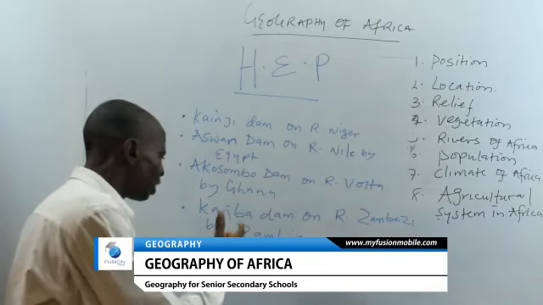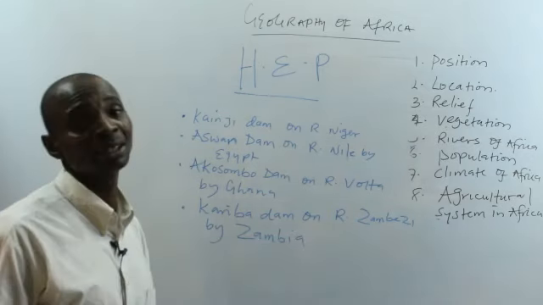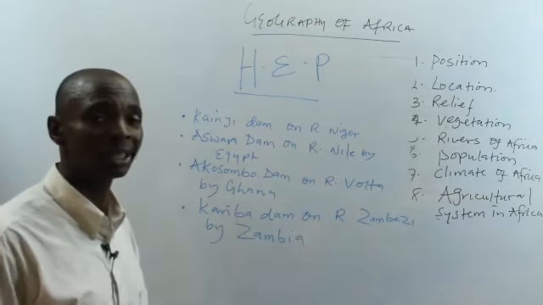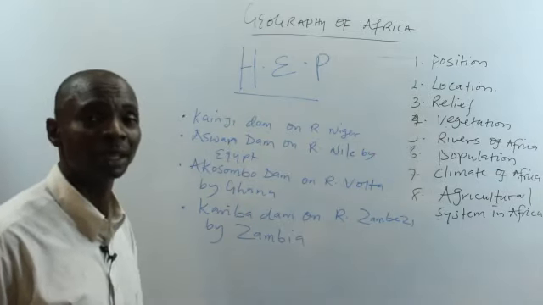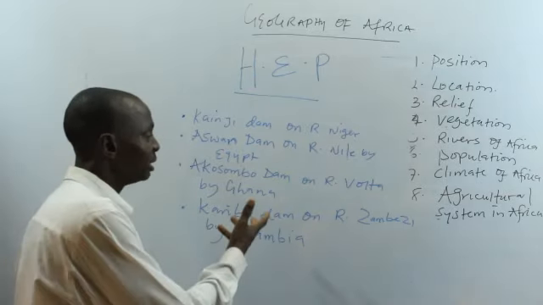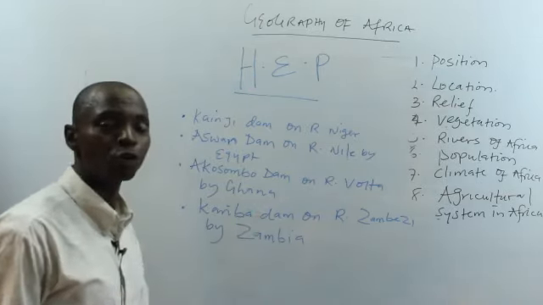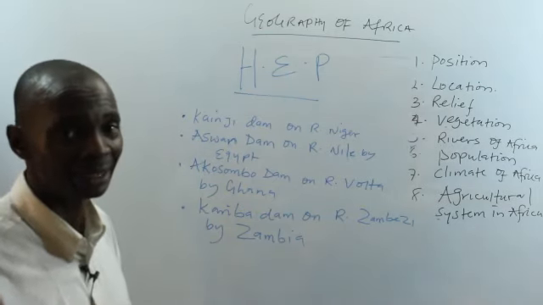Then another factor is the activities of irrigation. Irrigation competes with hydroelectric power and it is also affected. Then what of the water weeds that occupy major parts of African rivers, like water hyacinth?